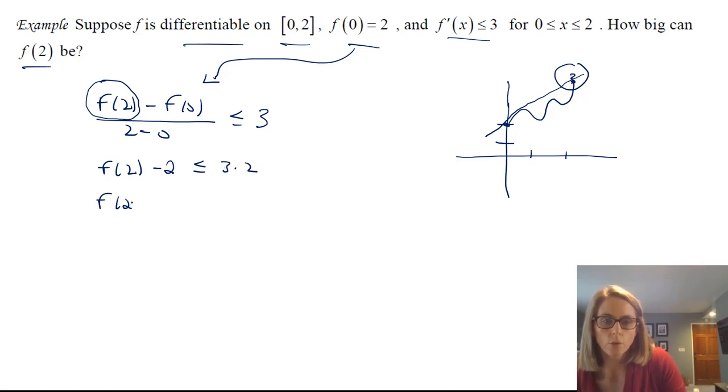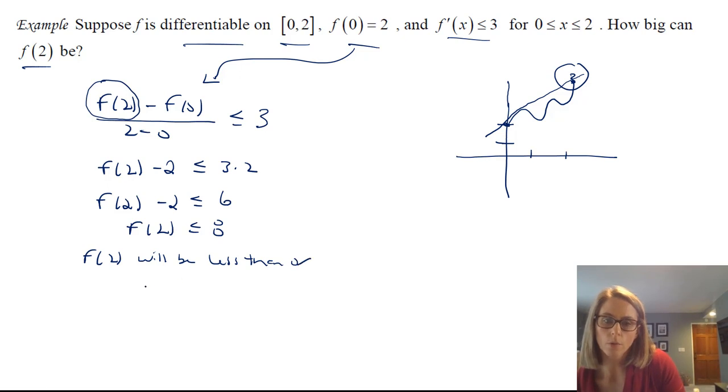I have f of 2 minus 2 is less than or equal to 6. And then by adding, I get f of 2 is less than or equal to 8. So f of 2 will be less than or equal to 8.